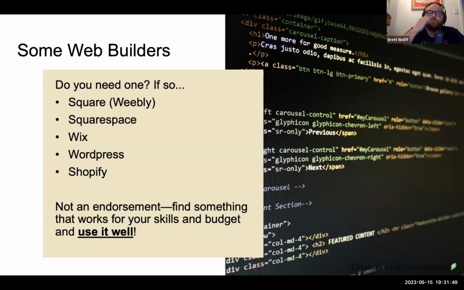So if you do decide that you'd like to do it, a couple of the different platforms you might take a look at are, first here, Square, and the artist formerly known as Weebly, back during early COVID, a little before that, actually, I think. Square, that's the one where you swipe your card to pay at a farmer's market, or that many of your local small businesses likely use for credit card payments, purchased Weebly.